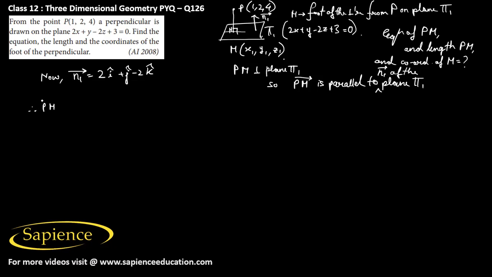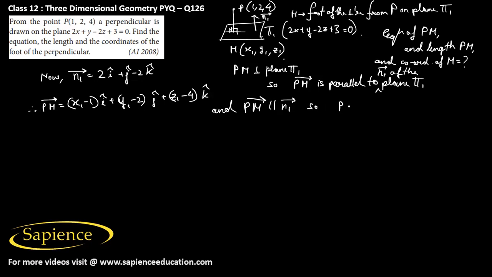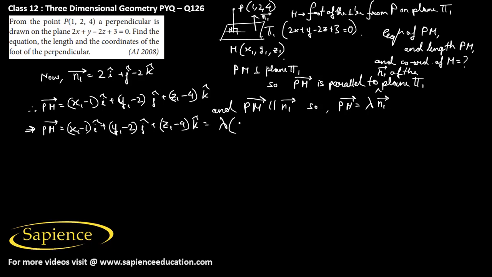Therefore PM vector is equal to x1 minus 1 i cap plus y1 minus 2 j cap plus z1 minus 4 k cap. And since PM vector is parallel to the n1 vector, PM vector is some lambda times n1 vector, which is lambda into 2i cap plus j cap minus 2k cap.